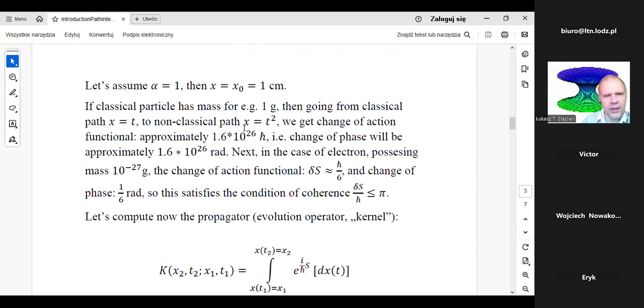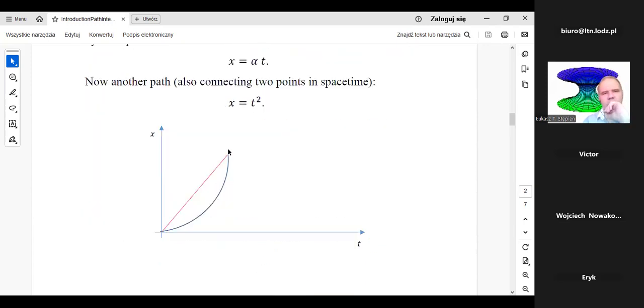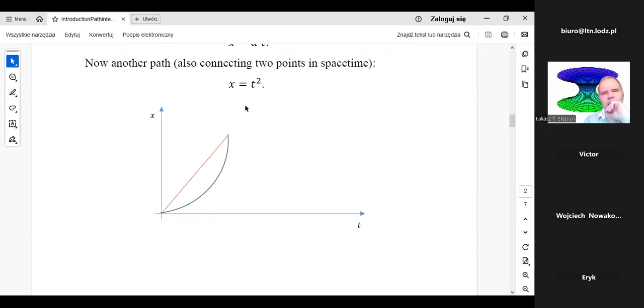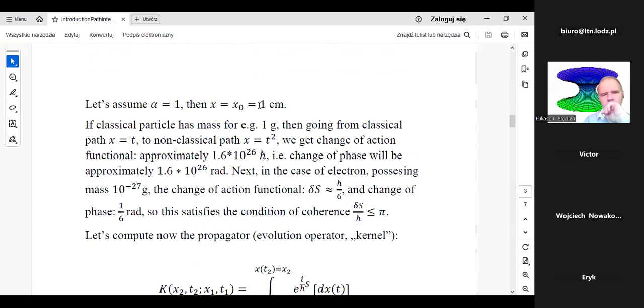Okay, and let's assume that the constant alpha in the first part is equal to 1, and x0 is equal to 1 centimeter.